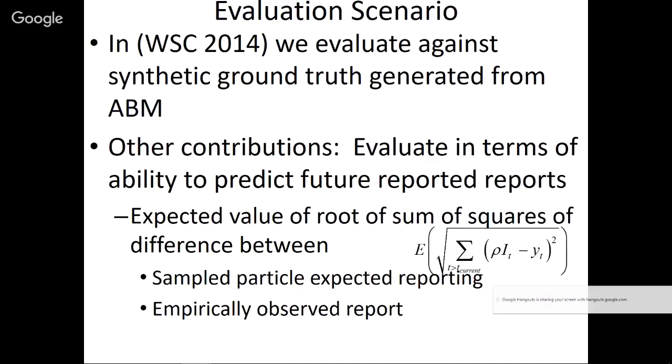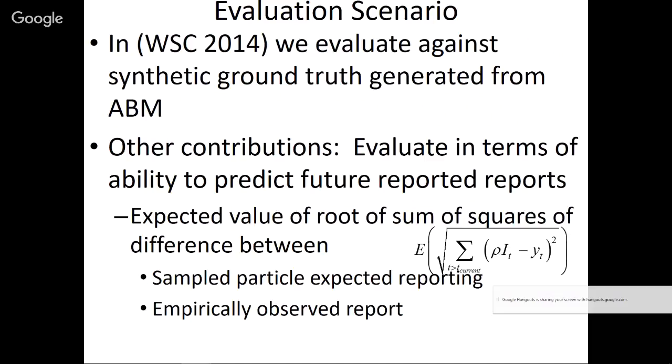So here, we know what the true situation is in the world. We compare the ability to estimate that state in a dynamic model with particle filtering and a dynamic model without it, comparing the model prediction for the particle filtered model or the unassisted model against the underlying situation.